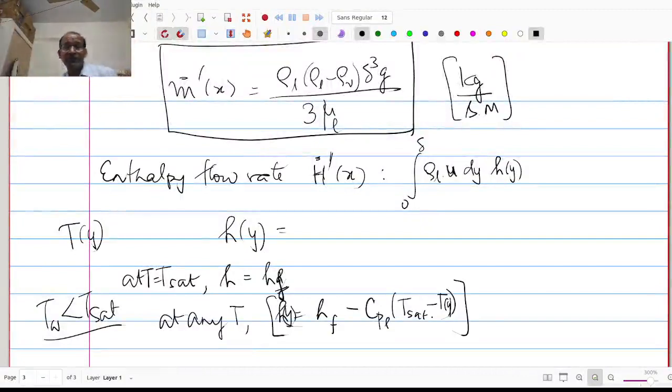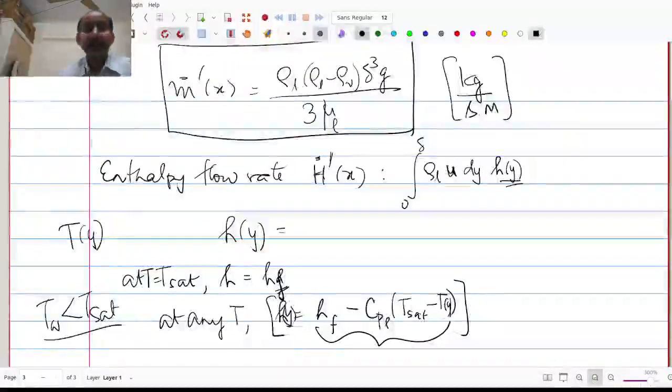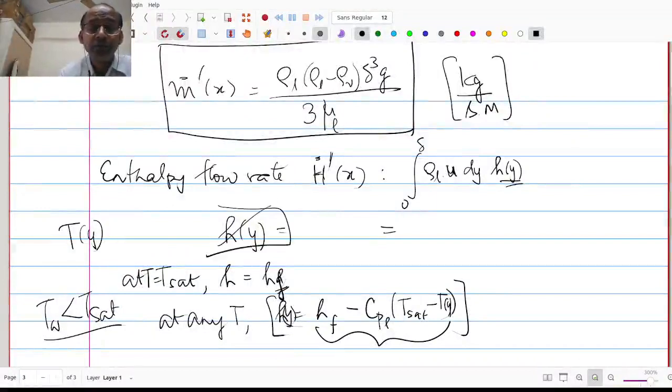So this is the expression that you would have for h at any y, with T at any y. I can substitute for that in this expression. So h of y will be equal to h_f minus Cp liquid times (T sat minus T of y). Okay, so if I substitute that, then I get this expression as equal to, okay, let me remove this part.